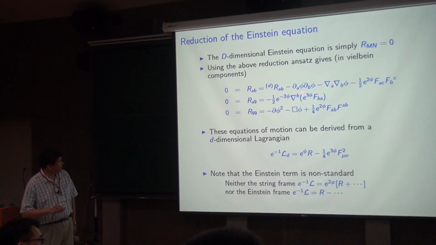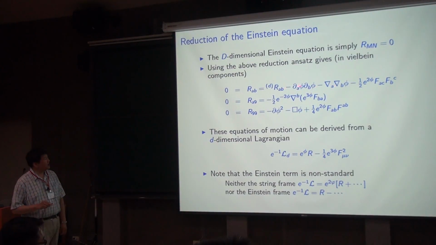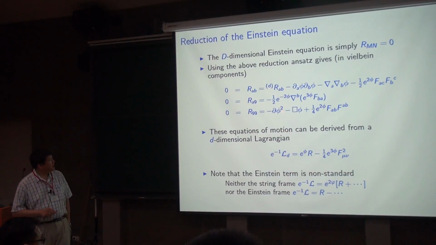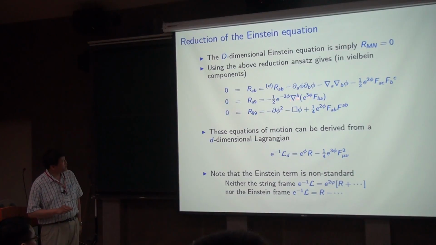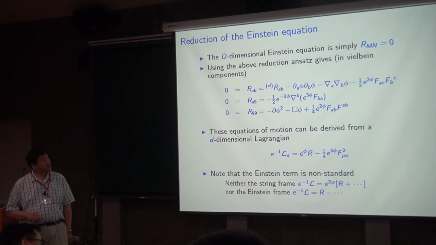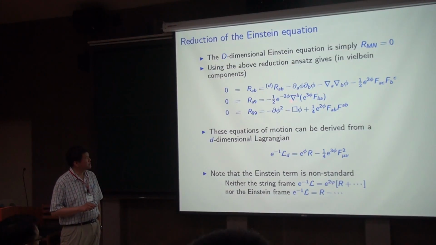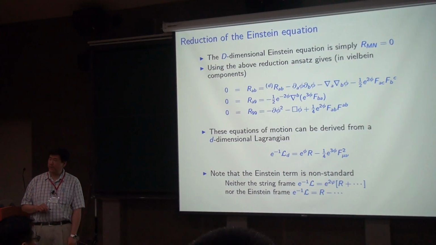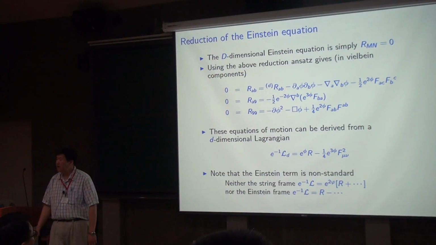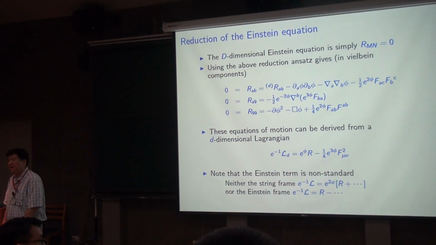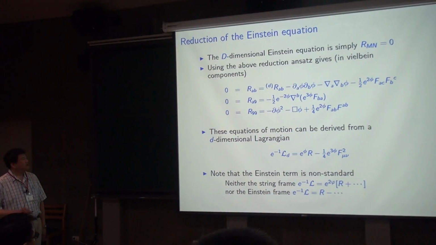So let me start with the middle one, because it's probably the most obvious one to see. If I want to solve this equation over here, I can ignore these prefactors. This is a covariant derivative, nabla b, of this e to the 3 phi F^{BA}. This is basically the Maxwell equation. This is a four-dimensional Maxwell equation, except that it has this e to the 3 phi component over here.